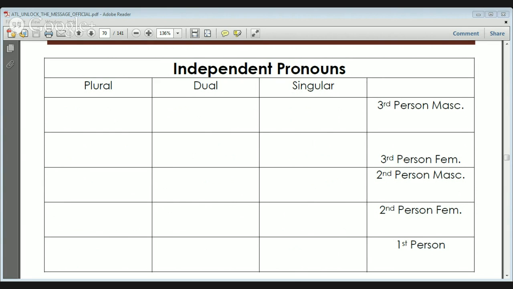Now this one, hunna. What does hunna mean? Them, but it's what? Feminine. Good. These are all third person feminine. Can I move on? Next line?